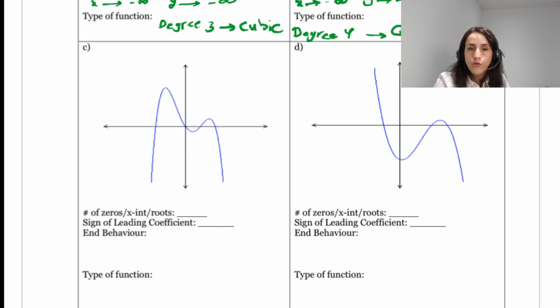There are another 2 questions here that I would like to give you time to do, or maybe I can just write down the answer and you can check with your answer later. X-intercepts: I can see there are 4 here. The sign of the leading coefficient again is negative because it's ending up at negative infinity. For end behavior, I want to follow the x one.